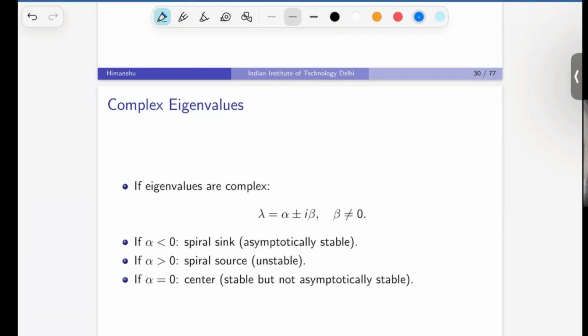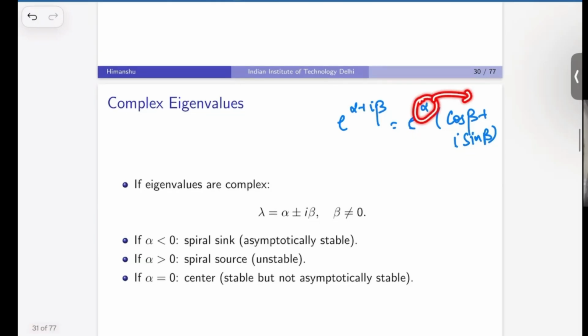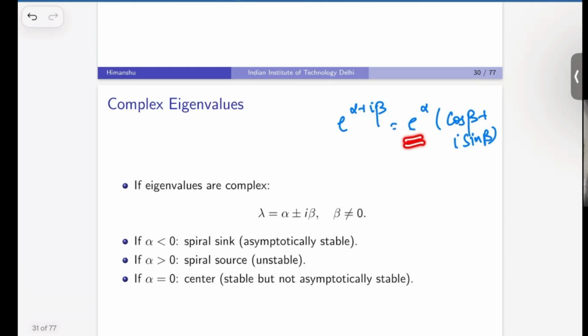Why am I doing this? I'm just giving you an idea. So it will be my function e raised to the power alpha plus iota beta, which is the same as e raised to the power alpha times cos beta plus iota sin beta. So just substitute the values of alpha and beta here. If alpha is negative, whenever t goes to infinity, the function will always approach 0, since the trigonometric part is a bounded function.